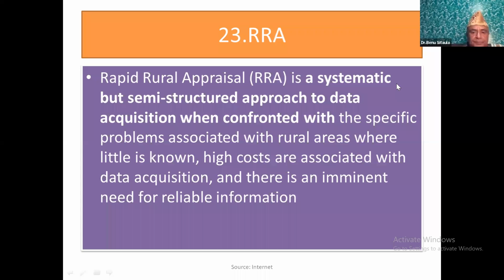Now we are coming to RRA, rapid rural appraisal. Rapid rural appraisal is a systematic but semi-structured approach to data acquisition when confronted with the specific problems associated with rural areas, where little is known, costs associated with data acquisition are high, and there is an imminent need for reliable information.